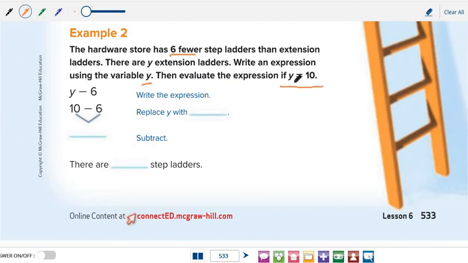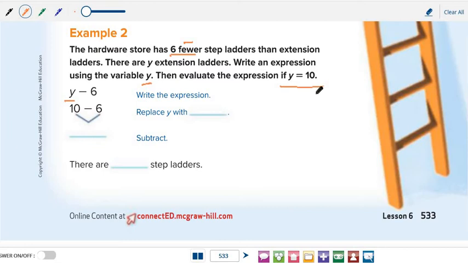Let's see how can we write the expression. The hardware store has 6 fewer step ladders than extension ladders. So we will use y as a variable, minus, since we have fewer. So y minus 6, this is the expression.